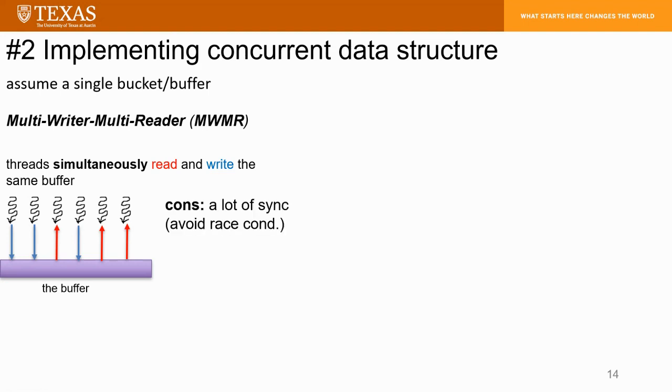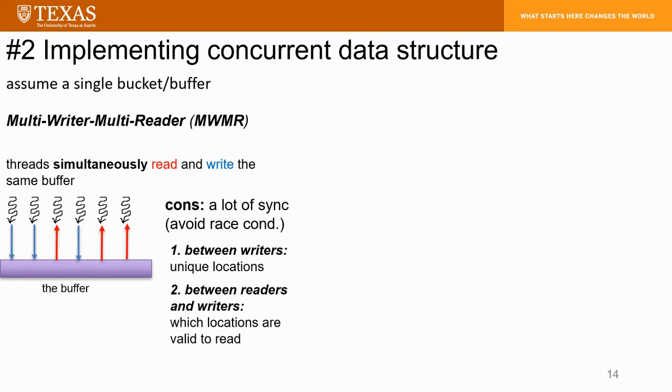The problem with this approach is that a lot of synchronization is required to avoid race conditions. First, we need synchronization between writers to ensure they only write to unique locations. Second, we need synchronization between readers and writers so that readers only read valid locations, meaning the location has been fully written to memory. And third, we need synchronization between the readers so they read unique locations. That's a lot of synchronization.